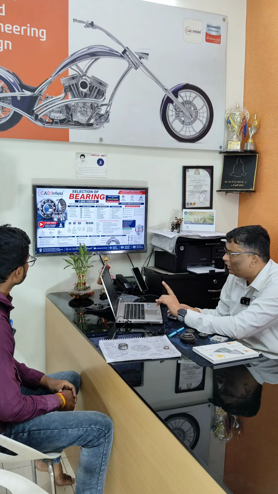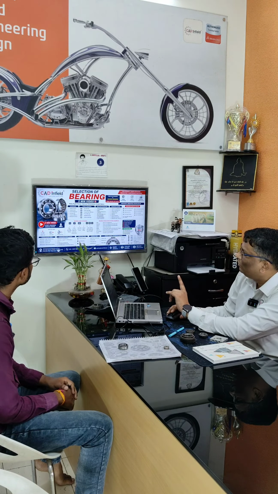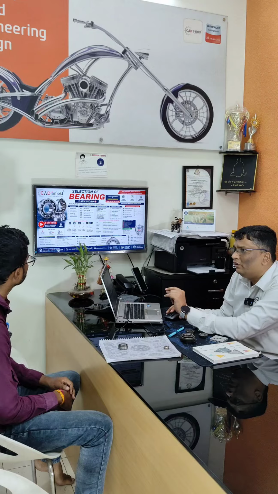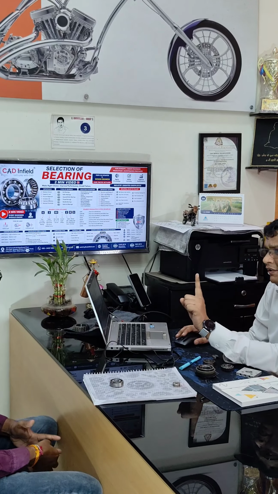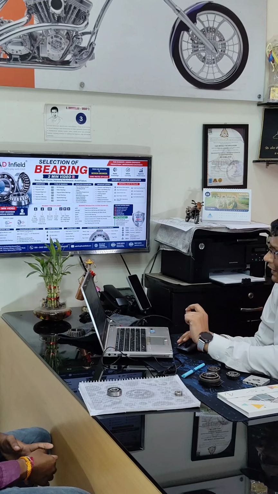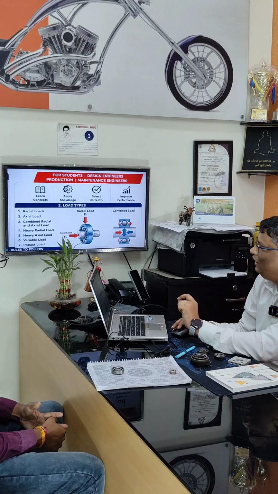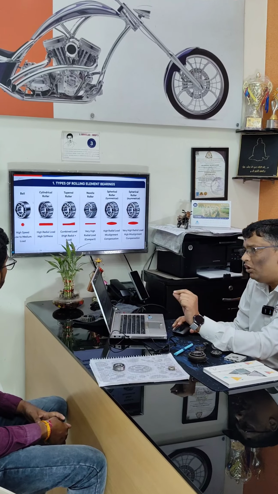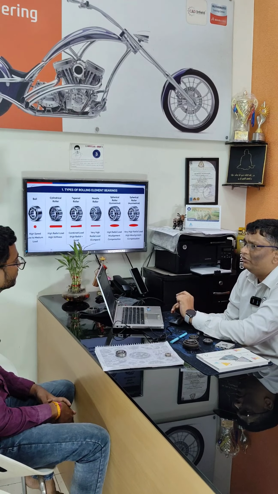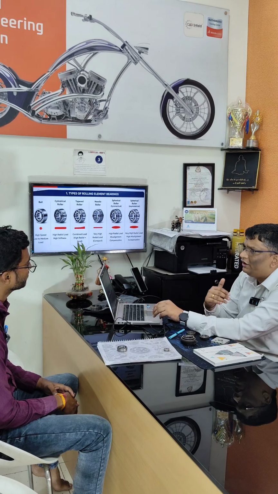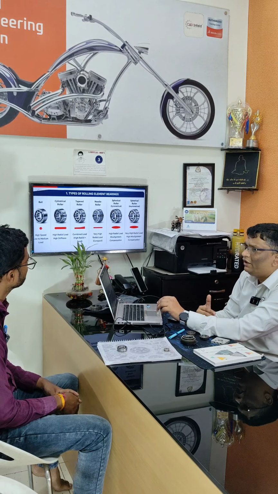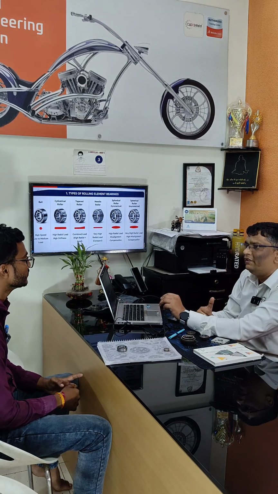So initially we went through the type of load and the amount of load. Magnitude and direction are the first criteria. Based on the magnitude and direction, we need to think about which type of bearing is suitable. If the magnitude is high, the torque required is higher. If the torque required is higher, the speed is lower.